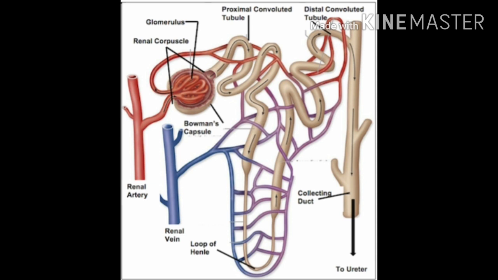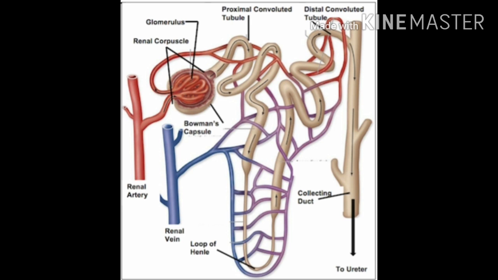It is highly twisted tubule. Then it leads to the U-shaped structure, which is nothing but loop of Henle. Loop of Henle leads to the third part of renal tubule, which is known as distal convoluted tubule, which is connected to the collecting duct.